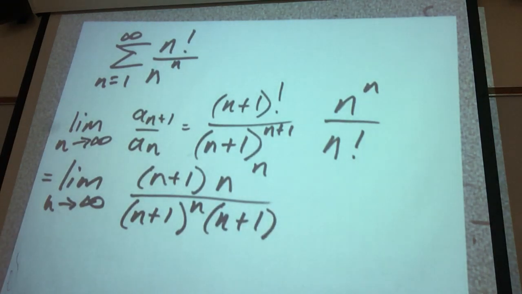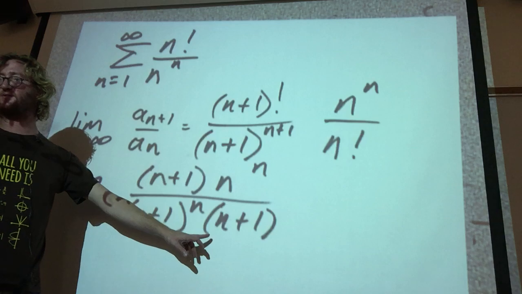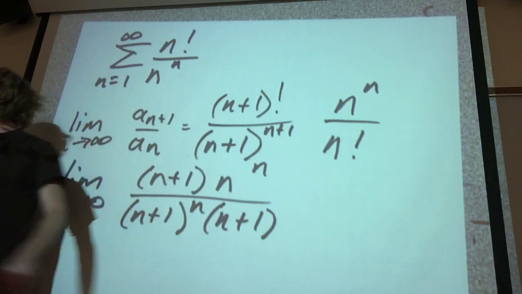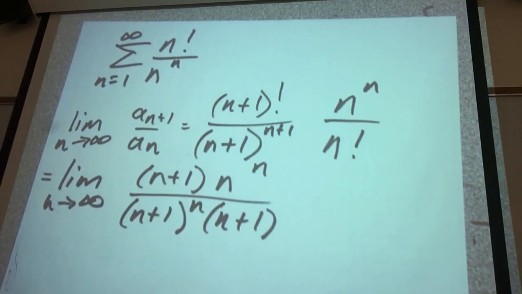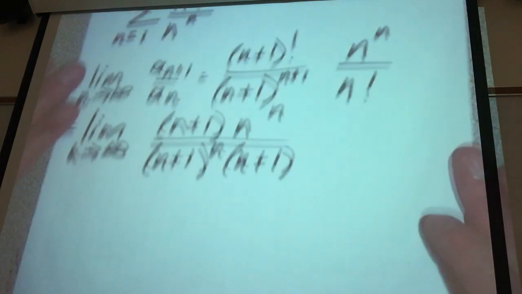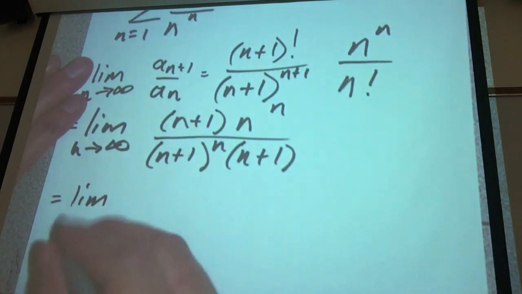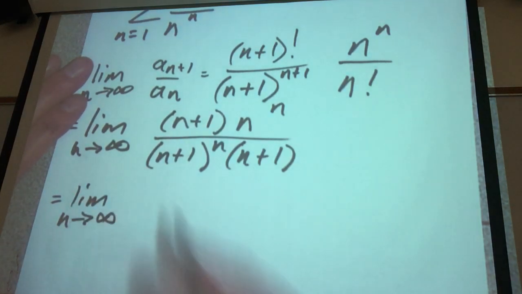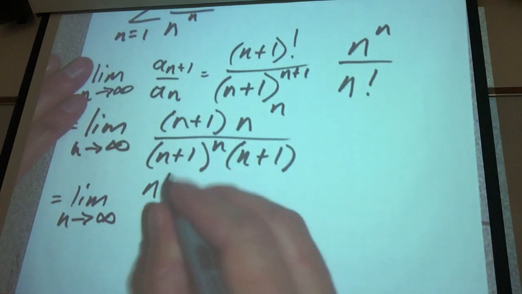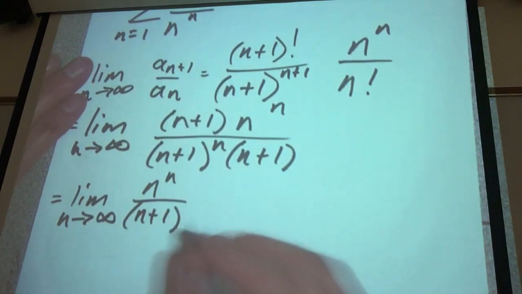So that's n plus 1 to the n plus 1. And so I'm just breaking off an n plus 1 onto this thing, and so those can cancel each other out. All right, so I'm left with the limit as n tends towards infinity of n to the n divided by n plus 1 raised to the n power.